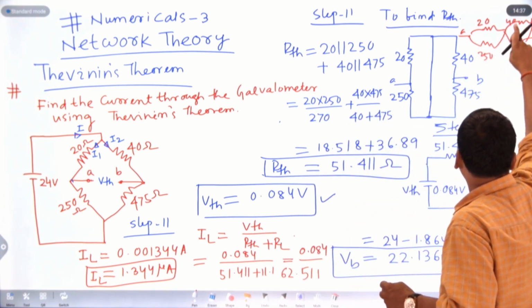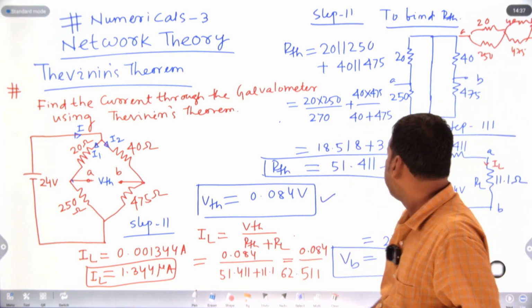So this parallel combination plus that parallel combination gives an equivalent resistance of 51.411.